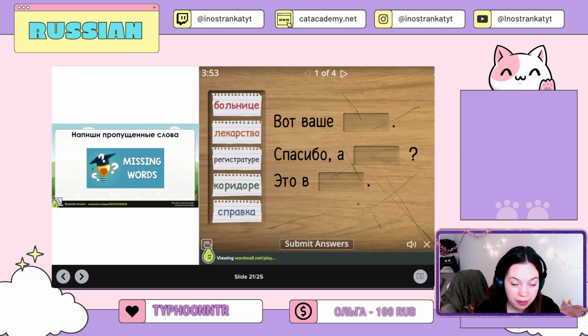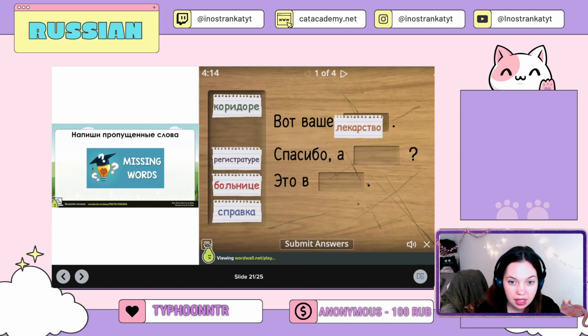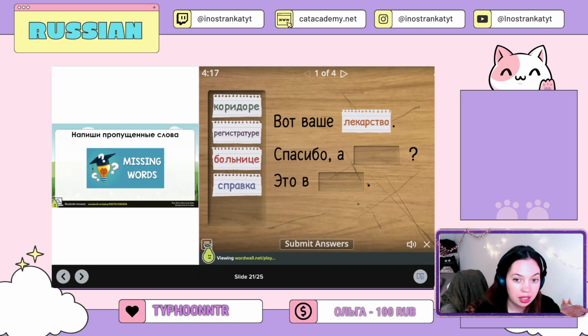Kind of, maybe, here is your hospital, but again, больница is она, feminine gender, so we can't use it. So we have the last word, лекарство. Вот ваше лекарство. Here is your medicine. Makes sense? Лекарство in the nominative case ends with о, so it's neutral gender. So ваше лекарство matches logically and grammatically.